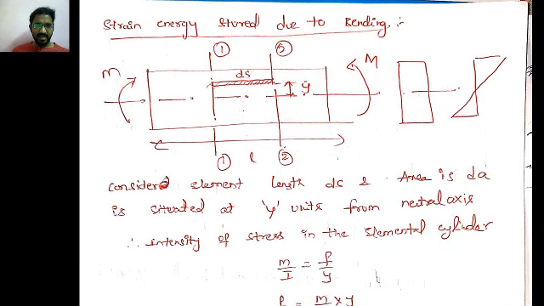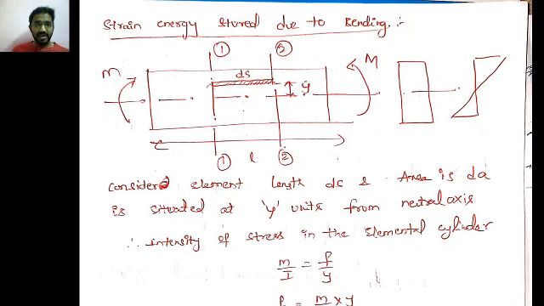In the same way, here also I am considering an elemental strip. What length am I assuming for the elemental strip? ds. In some textbooks they mention dx also, but I am taking ds as the elemental length, while the overall length is L. The overall area is capital A, but I am taking the elemental area as dA, and I am considering the sections between 1-1 and 2-2.